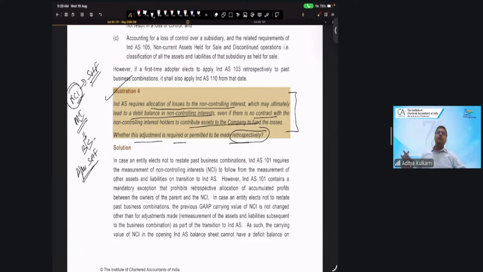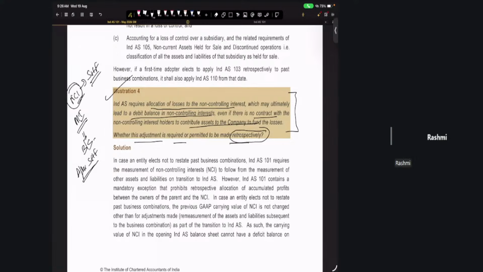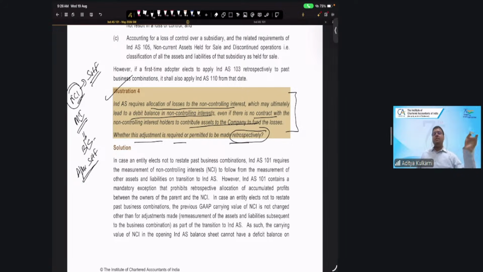It can be any date after the date of acquisition, in which case you will do a retrospective restatement from the date that you have chosen. Yes or no? Yes, sir. Or it can be the date of transition, in which case it won't be a retrospective restatement, it will be the current period's transitional financial statements adjustment.